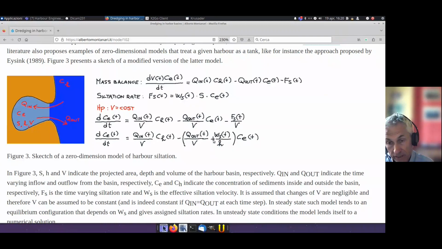And then there is a term Fs, which is the time varying siltation rate.